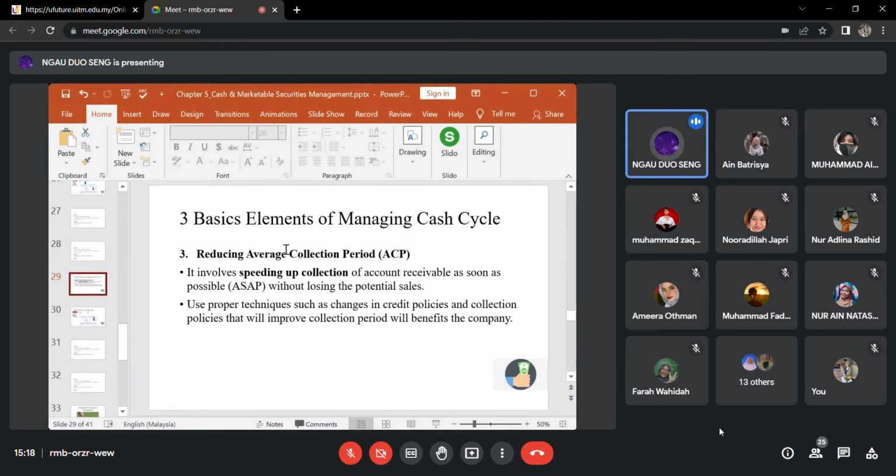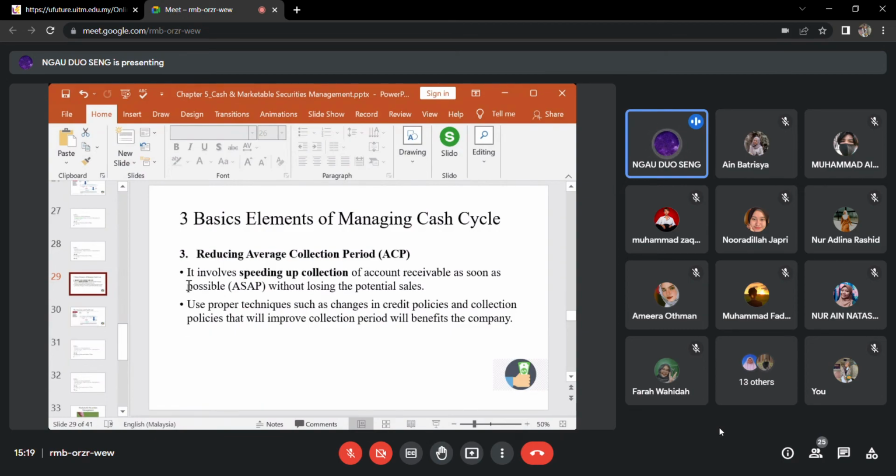Alright, next, another strategy is what? Reduce the average collection period, ACP. It involves speeding up the collection of accounts receivable as soon as possible without losing your potential sales. You cannot keep chasing your customers all the time. You must balance it: you want it to be shorter, but you still keep your customers.